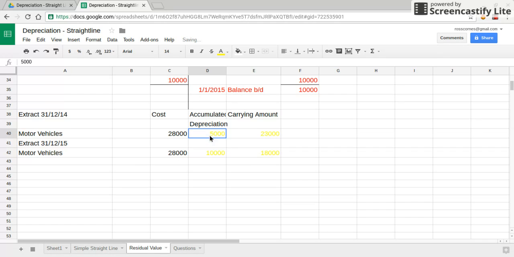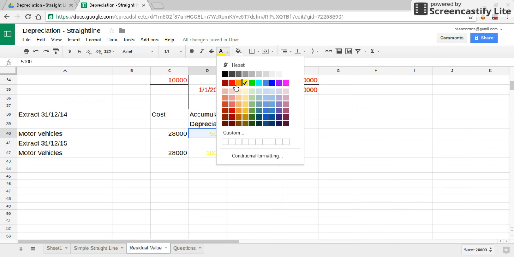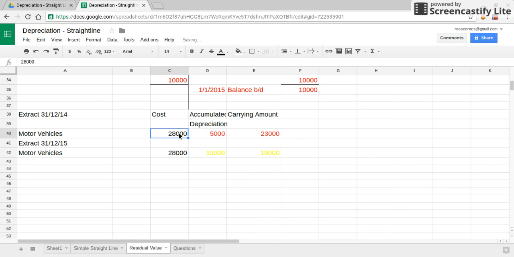Okay, and then looking down here at the statement of financial position, at the end of the first year, just notice here, by the way, that the cost value still is 28,000. We don't use the depreciable amount there, we use the cost value. We have $5,000 depreciation in the account. We think it's going to be worth $23,000.